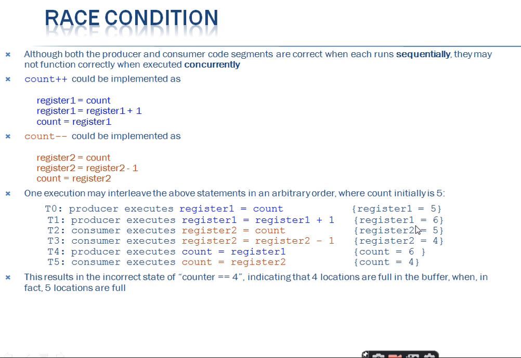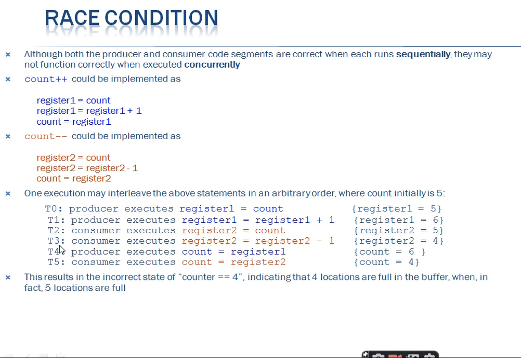So register 1 now has an incremented value, 5 plus 1 is 6. At time T2, the consumer executes register 2 equals count. Register 1 is 6 here, but register 2 is assigned 5, because we haven't updated the count value yet.